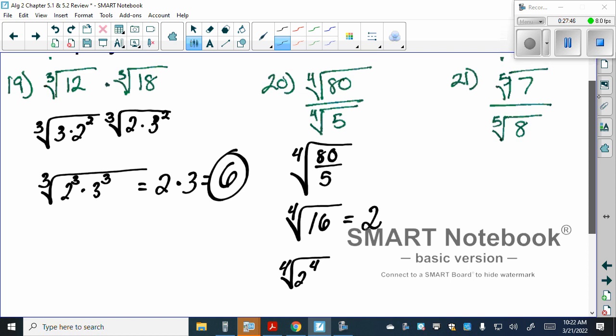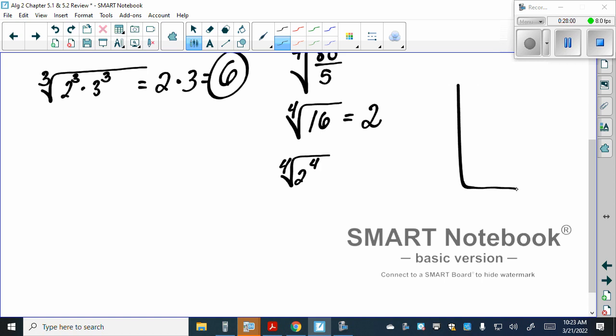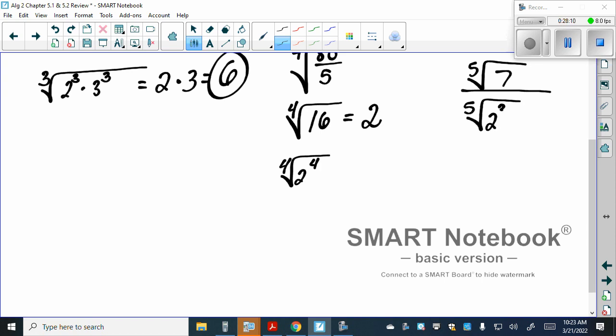Now the next one, 21. We're looking at the fifth root of 7 divided by the fifth root of 8. Well, I know I can't take the fifth root of 7 because it's prime. 8 is not prime, but I can rewrite 8 as 2 to the third, because 2 to the third power is 8.